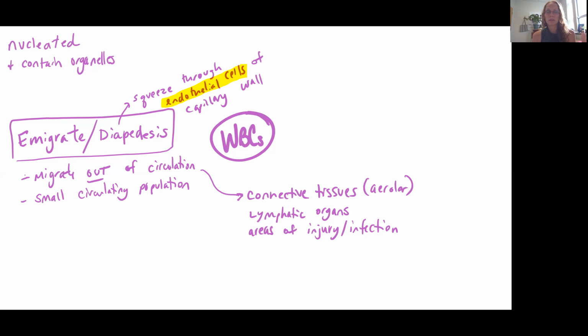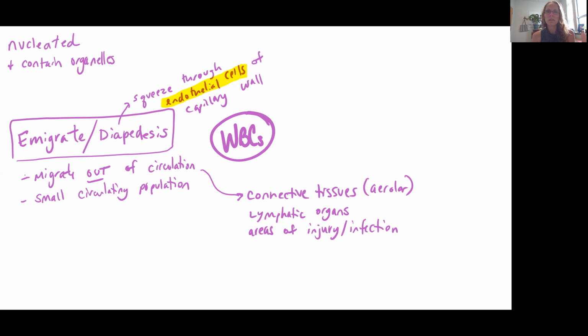And we'll see that white blood cells will show up at areas where injury has occurred or where infection has occurred, because our white blood cells are our defense cells. These are our cells of our immune response that are helping to identify foreign invaders and target them and phagocytize them and remove them. So we're going to be talking about them here and then again in chapter 22 when we're studying the lymphatic system.